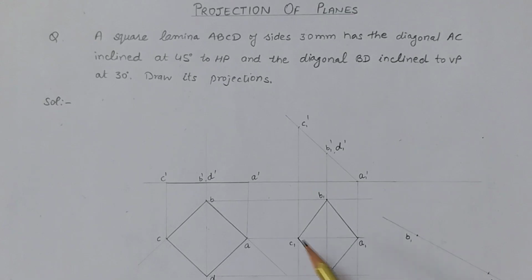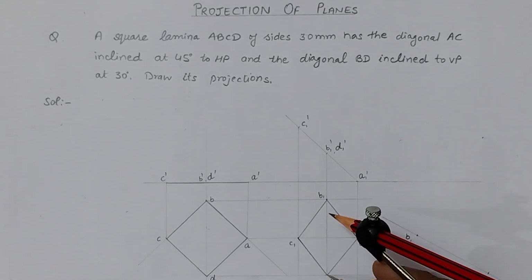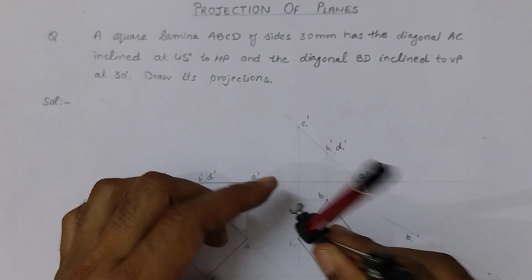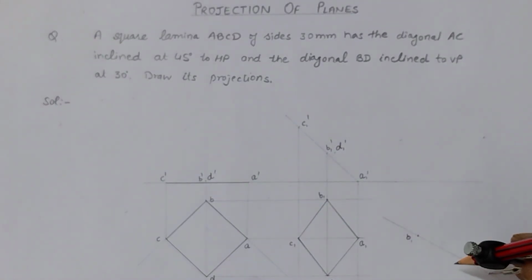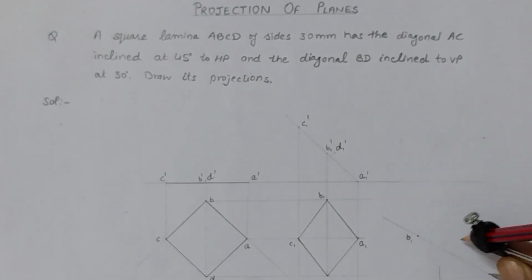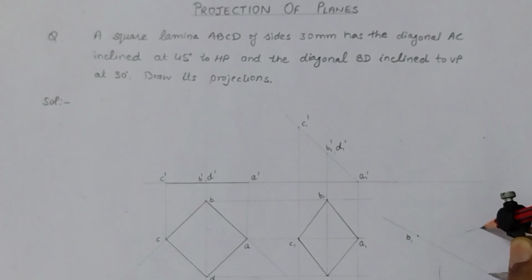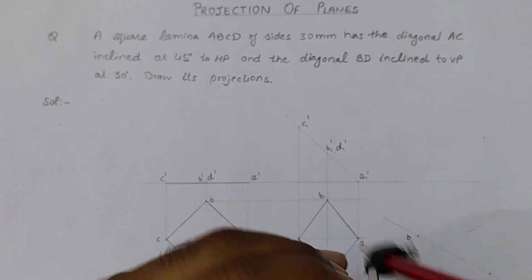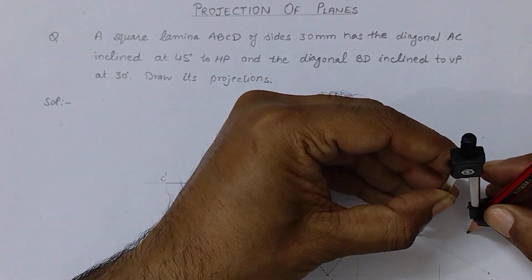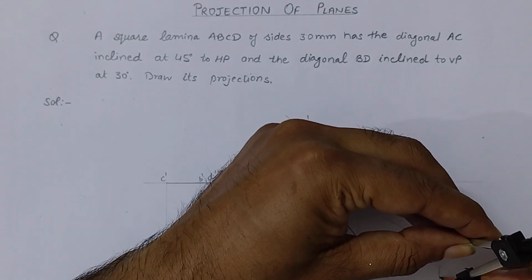Now we have to find point C. So again repeat the procedure. From here measure point C and mark on both sides of this inclined line because we have to draw projections for C as well as point A. Now repeat this step with point B. So here is intersection of these 2 points.